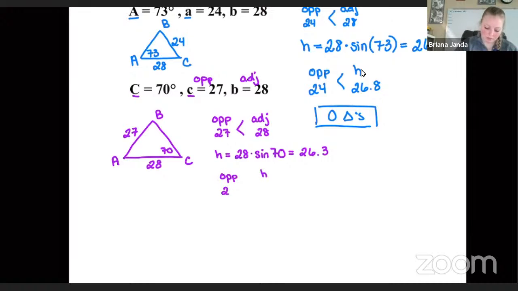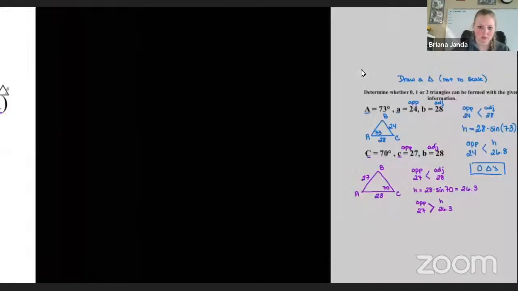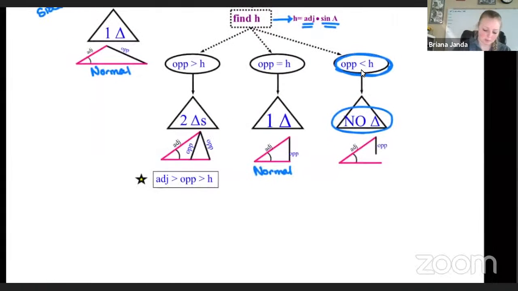My opposite side is 27. My height is 26.3. 27 is greater than 26.3. Therefore, my opposite is greater than my height. So if I consult my flow chart, the option that says opposite greater than height is here. I have now decided that there are 2 triangles.